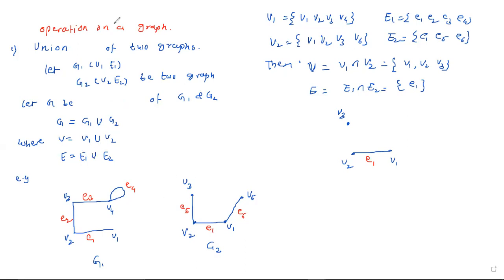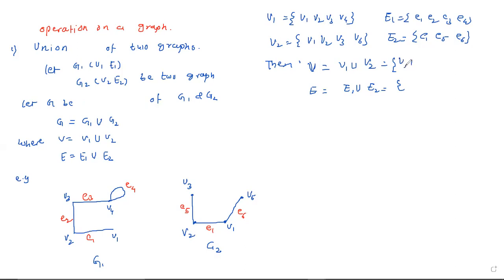Okay, now for the same graph, we show V1 union V2, and E1 union E2. So what is meant by union? Union means present in the first graph as well as the second graph.